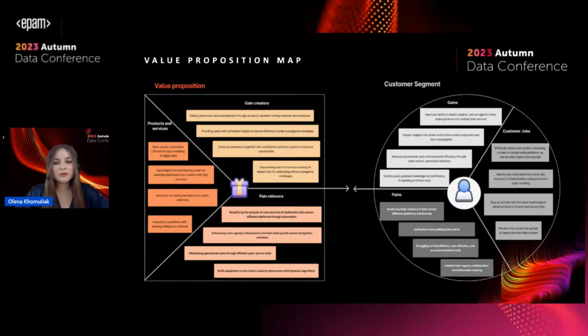Following the definition of the user personas, a value proposition map was created to align the client needs with the provided solution. In essence, our customers sought an affordable, fast, and efficient tool for detecting destructive content that could handle large-scale data. Thus, our goal was to enhance our existing offerings and provide them with an open source and adaptable tool for automated topic modeling.